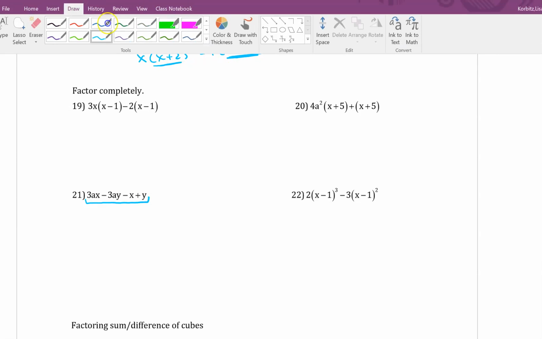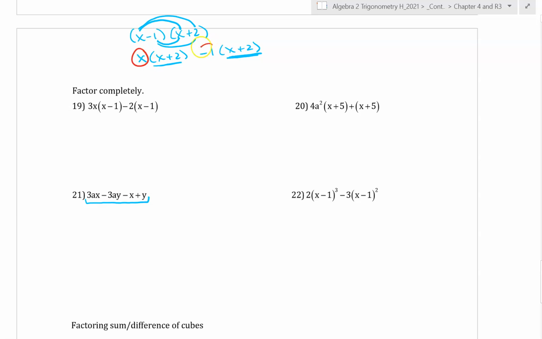Well, I have x minus 1 of them, right? So I have x of the x plus 2, minus 1. So notice the x minus 1 is one of my binomials, and then the x plus 2, which was the same, would be our other binomial. So when I look here, I know that x minus 1 is one of my binomials, and 3x minus 2 is the other binomial. So go ahead and pause the video and try number 20.